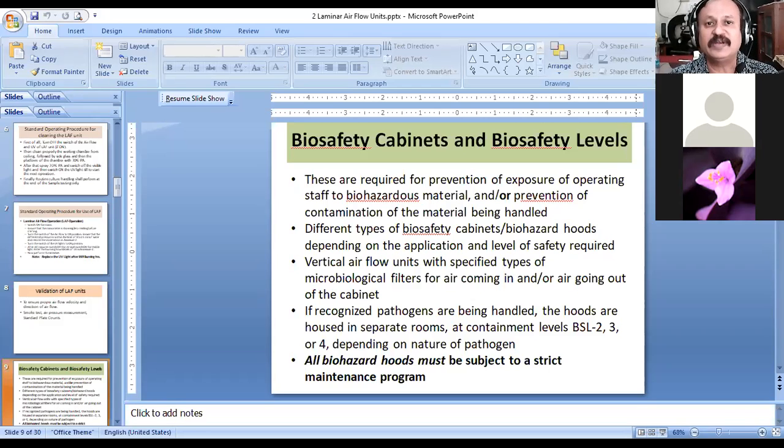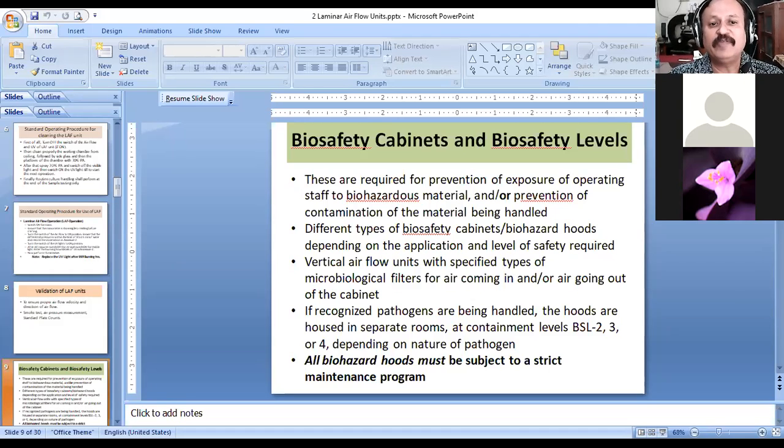So we are sure that the cultures that we are using are harmless, and therefore we need not take too many precautions. And therefore I have written here minimal protection is required. So whenever minimal protection is required, we operate at biosafety level 1, or we are working in a facility which is maintained at biosafety level number 1.